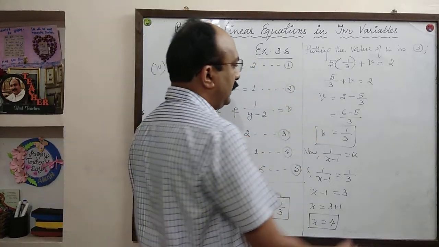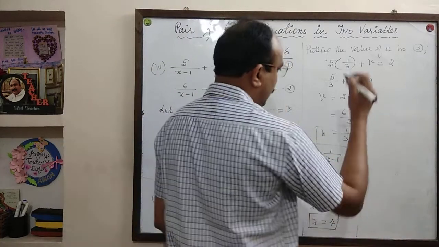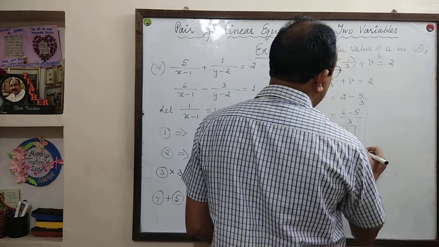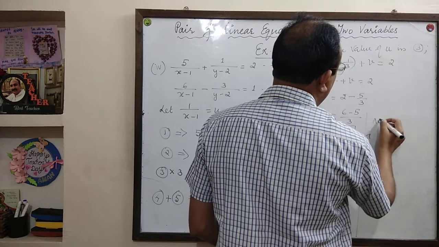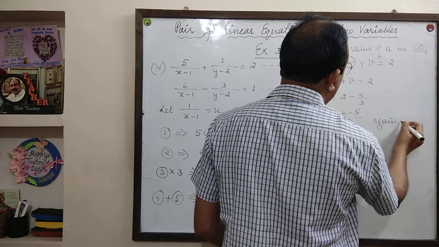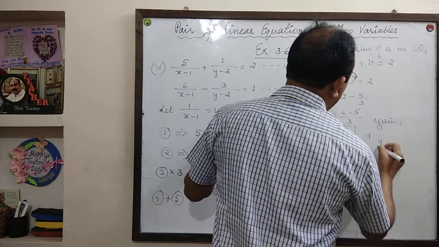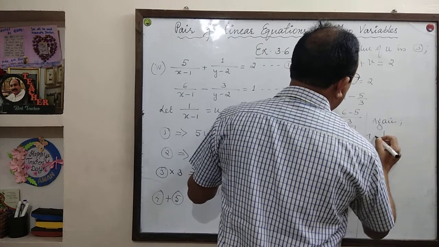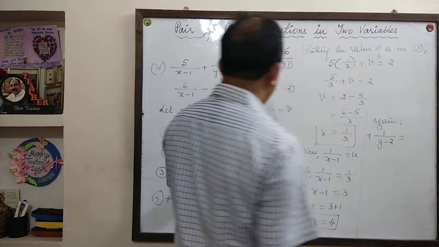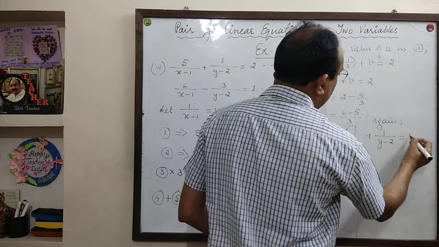Now in the same way we have to find the value of y. So we will continue again. 1 upon y minus 2 is equal to v.